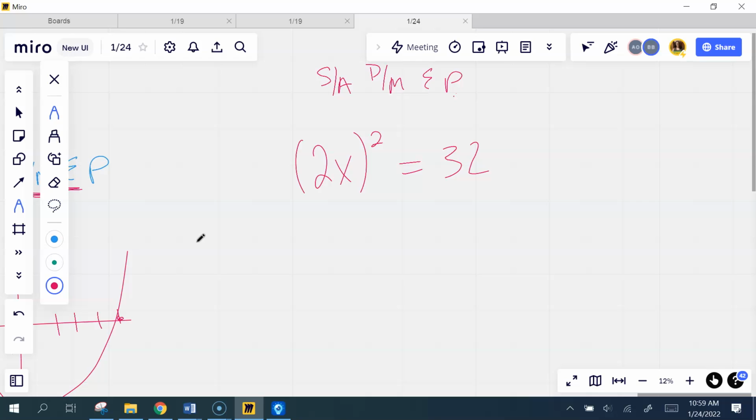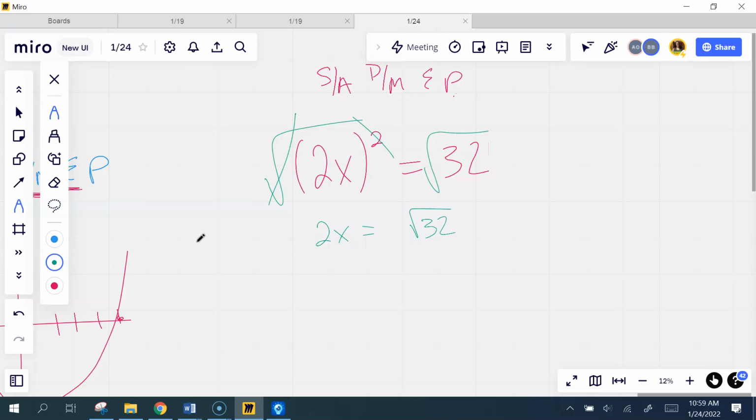So what am I going to do? That cancels the squared out because my parentheses has to be last. So now I have 2x equals the square root of 32.